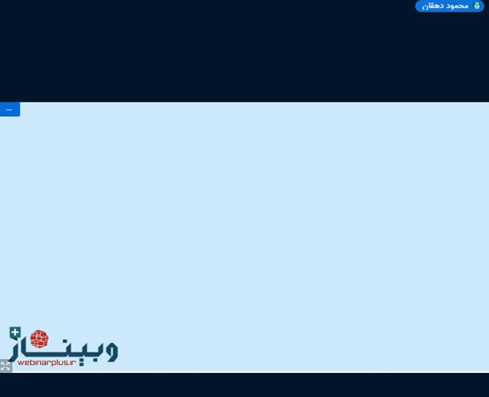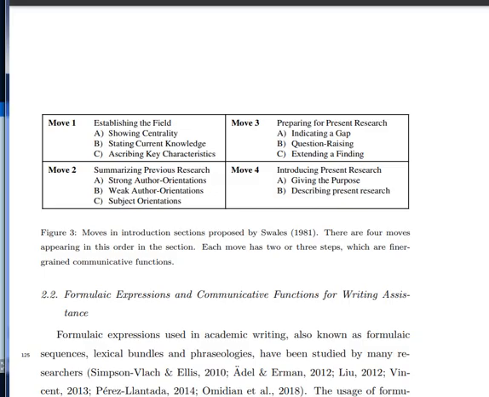For the next session, we'll talk about statement of the problem and purpose of the study. I will send you the PDF of a research book, Research in Education, and I will determine those pages that should be studied.